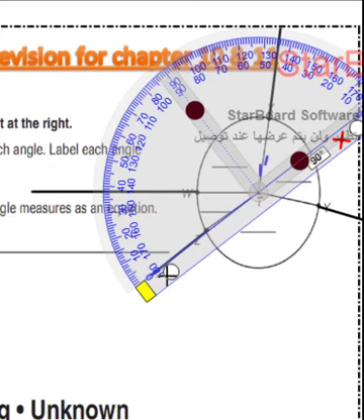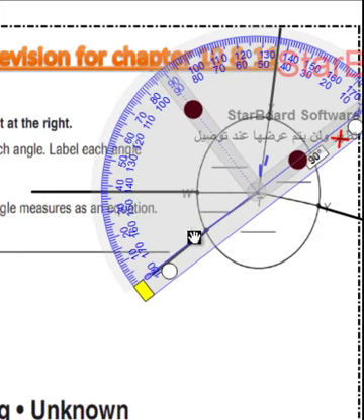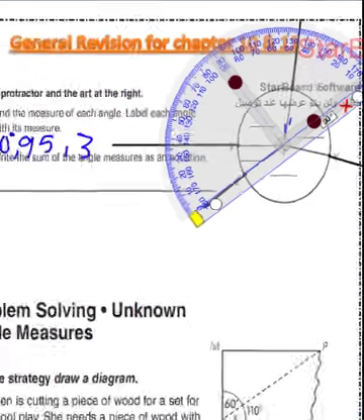Let's count together from 0. I can see 0 here. 0, 10, 20, 30. After 30, it's between 30 and 40. Maybe 35. I will make sure about my protractor. Yes, it's 35 degrees.